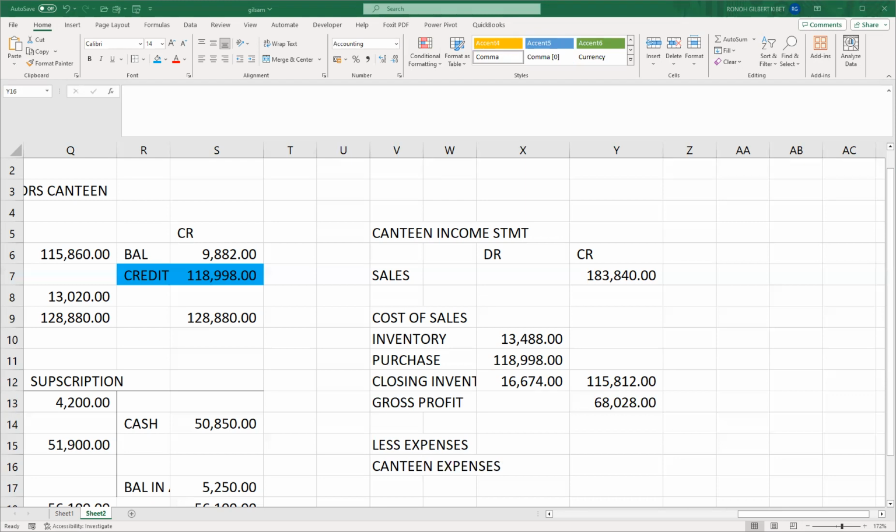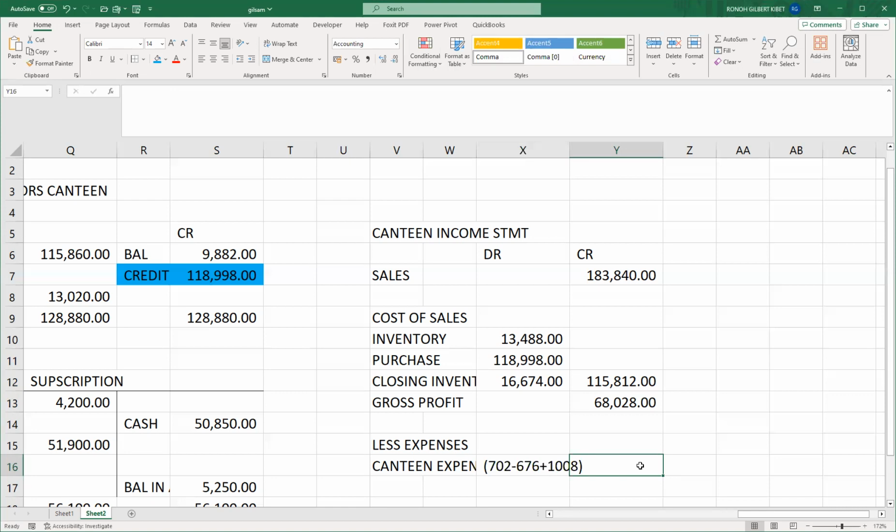So you have to adjust the three. This canteen expense, you have paid 702, but there was accrual in the last year. So we less for the last year 676, and then we add back for the current year 1,008, so that we have adjusted our canteen expenses.